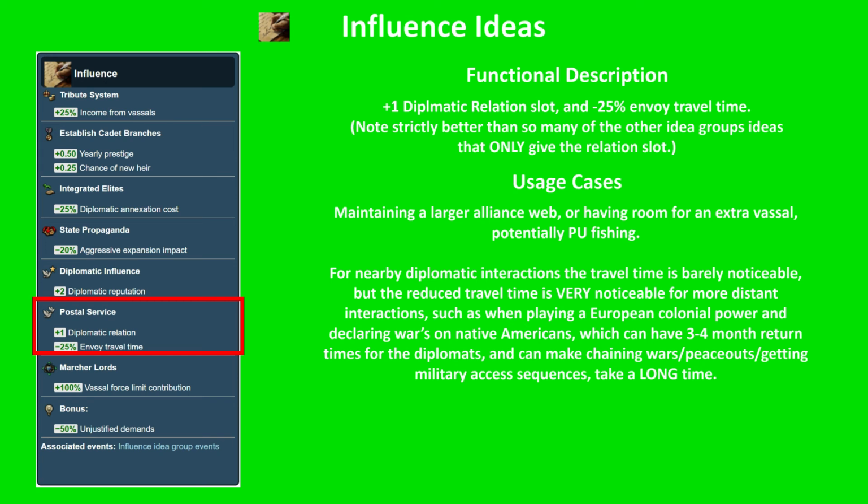The travel time bonus isn't so useful if you're only diplomatically interacting with nearby neighbours, but the reduced travel time is very noticeable for more distant interactions.